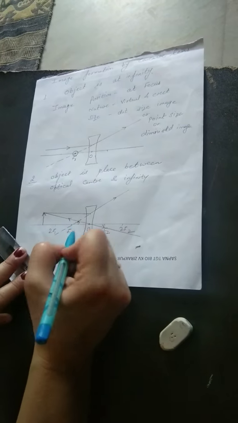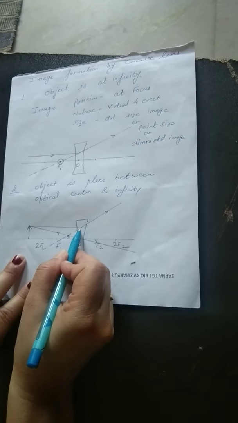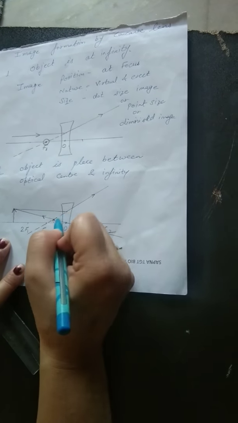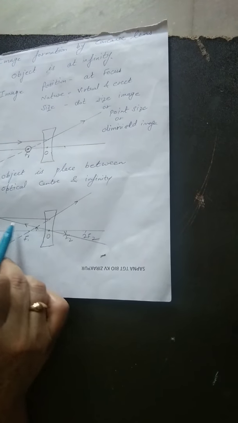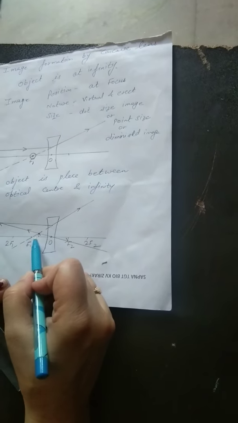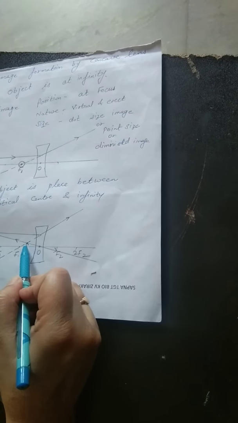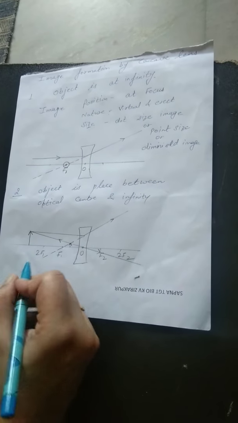This is the image. How is the image formed here? First, ray goes parallel to the principal axis and it will meet at focus. Second, ray goes through the optical center. When these two rays meet, the object will have its image.